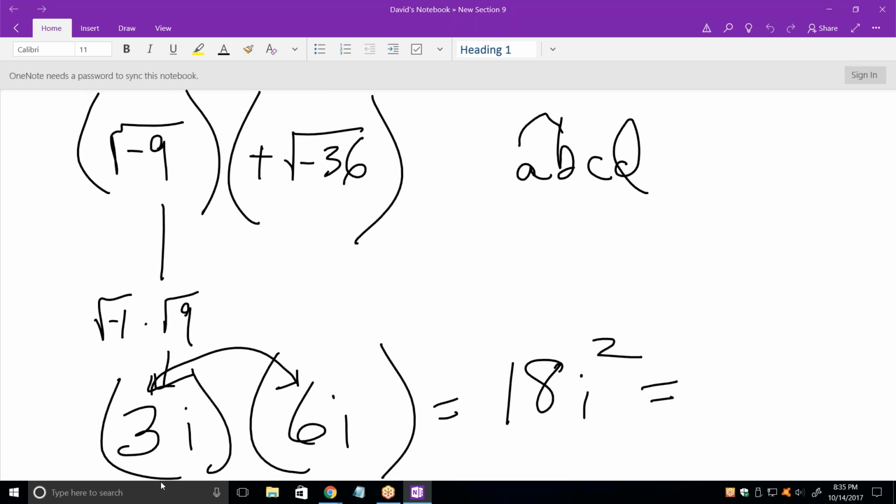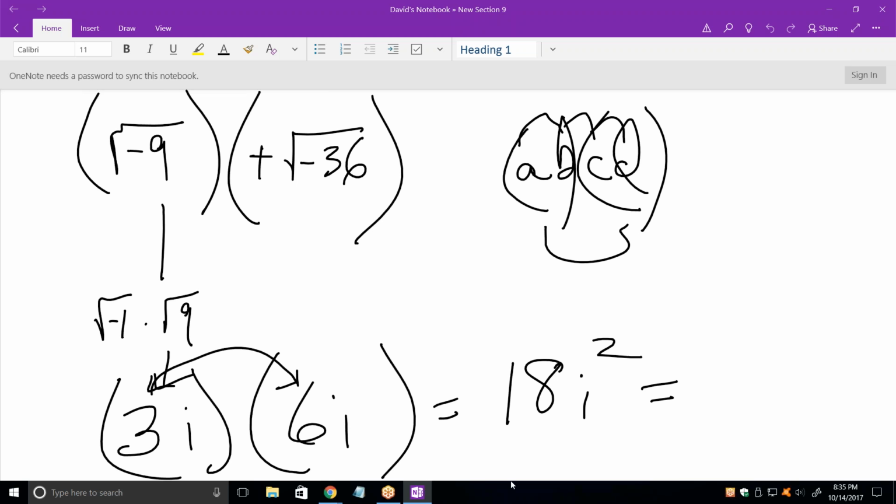Multiply A by B, take your result, multiply it by C, take your result, multiply it by D. Or I can multiply A times B first, multiply C times D first, and then multiply those results. But one way or the other, you got to multiply all 4 things. So I multiply 3 times the 6 to get 18, and the i times the i to get i squared.